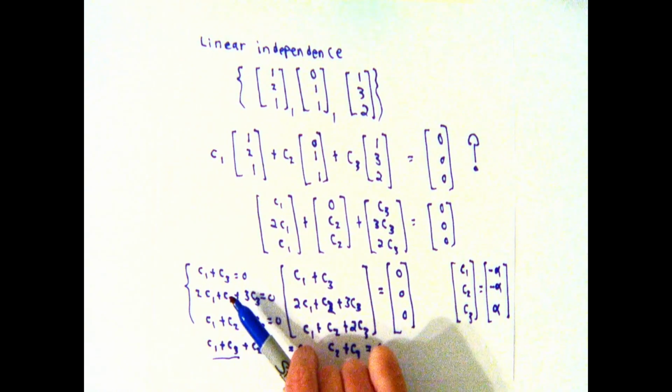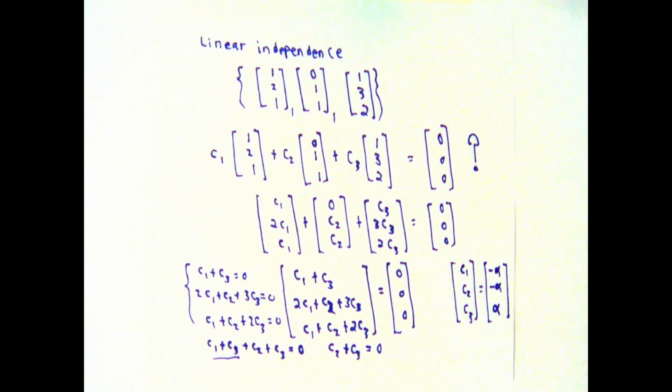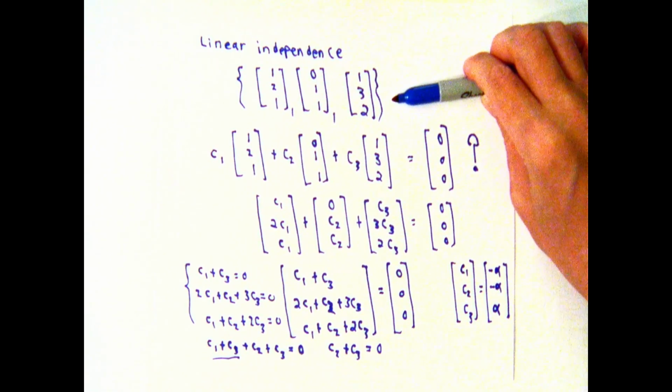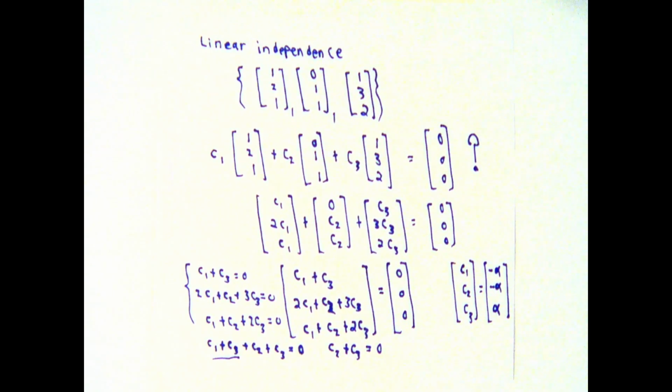And from the first equation, C1 must also be the negative of alpha. Alpha, allegedly, if this calculation is correct, can be any number, and if you make coefficients that look like this, the linear combination of the three vectors based upon them will automatically come up 0, regardless of what the alpha is.